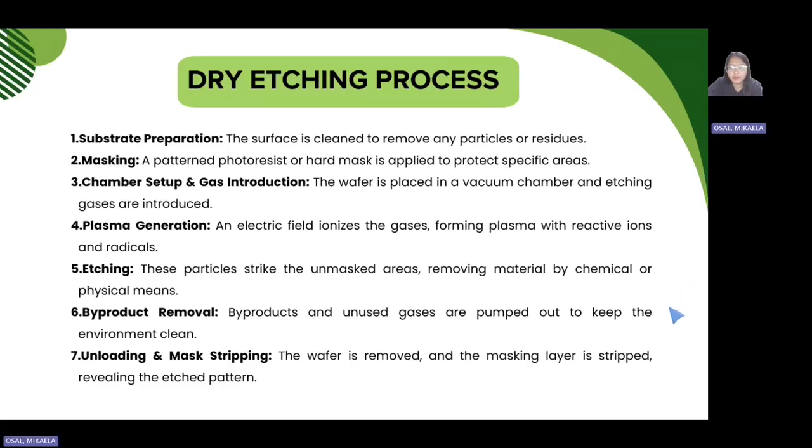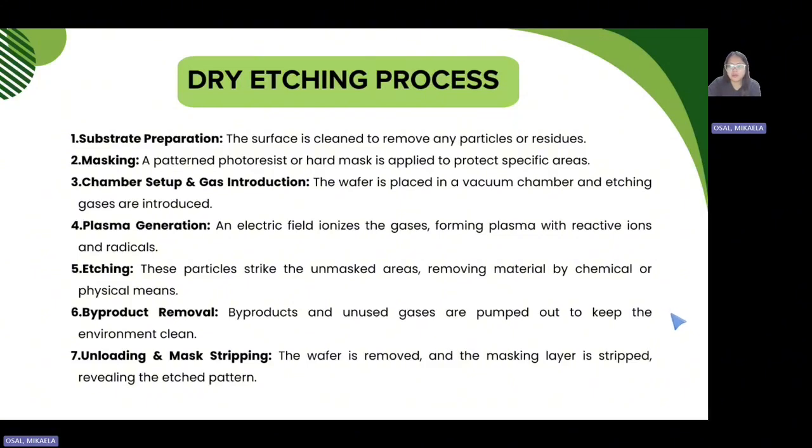Third is chamber setup and gas introduction. The wafer is placed in a vacuum chamber and etching gases are introduced. These gases are specifically selected based on the material to be etched and the desired effect. Fourth is plasma generation. An electric field ionizes the gases inside the chamber, creating plasma.